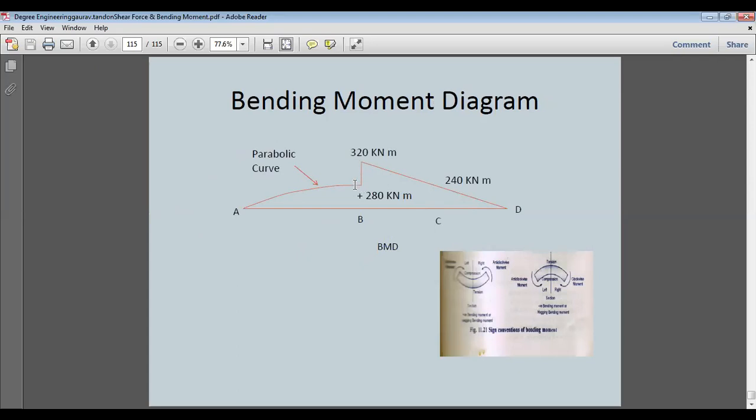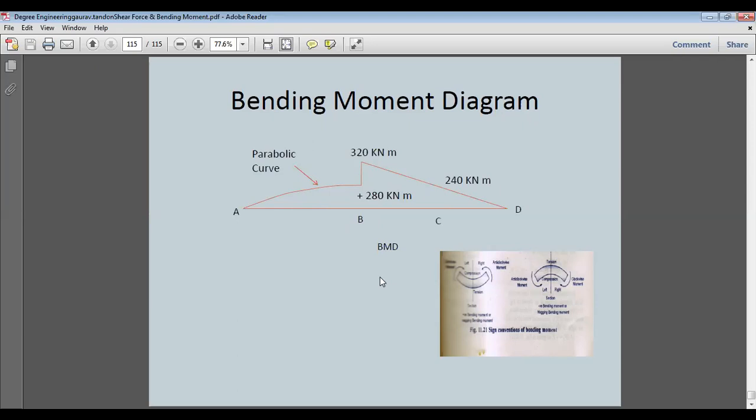Then we are having a parabolic curve because from here to here we are having a uniformly distributed load. So because of uniformly distributed load, the bending moment will be a parabolic curve from here to here. So this is the bending moment diagram. This is positive from here to here.